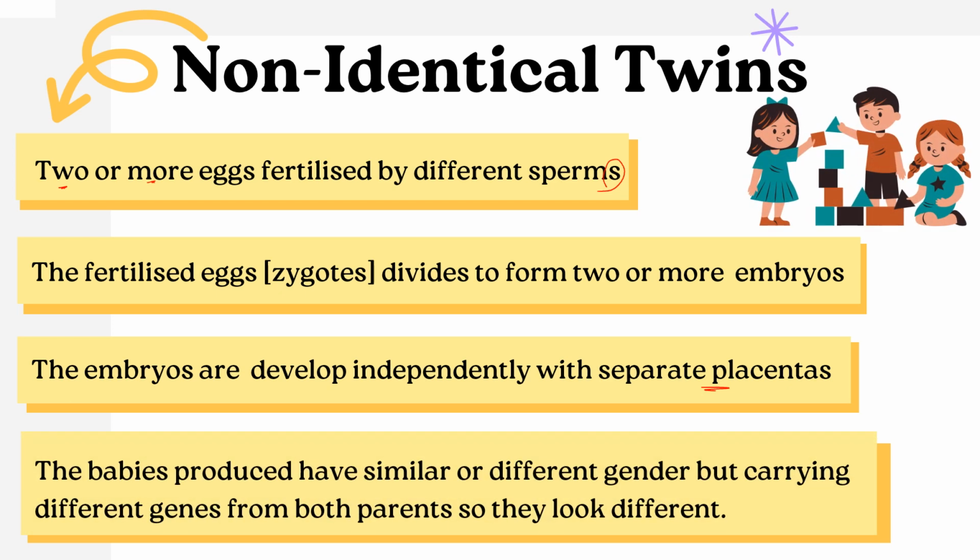The babies produced have similar or different gender، ممكن يطلعوا two boys two girls أو according to طبعا the number of released egg هيبقى عندي the number of produced babies but carrying different genes from both parents so they look different.